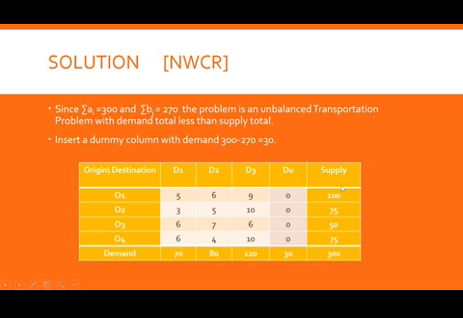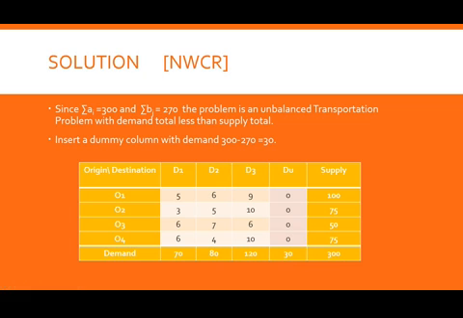And we have seen the supplies will be 100, 75, 50, 75 as given in the problem itself. And the demands will be 70, 80, 120 as given in the problem and 30 being the dummy demand.